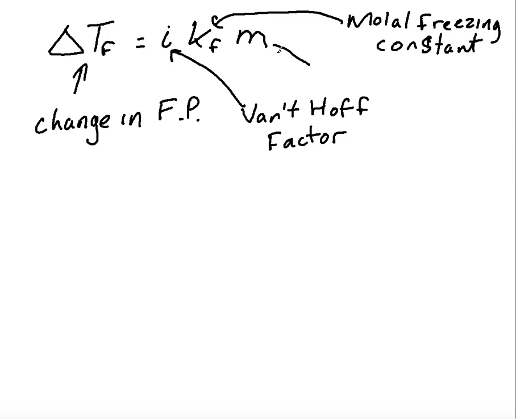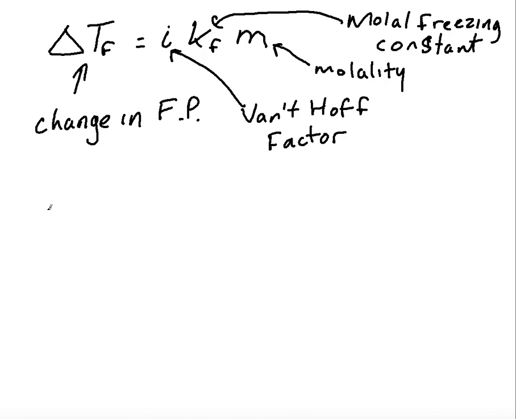And then you've got m, a little m, which is the molality of the solution. Now it's molality, not molarity. And I'm going to go through and explain how we're going to get each of these things as we go through, and I'll just give you a basic preview of what you're going to see in the lab.